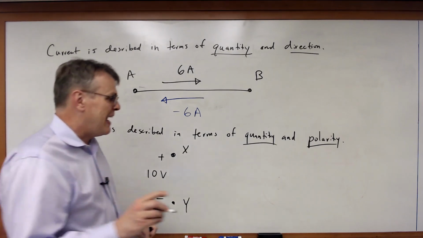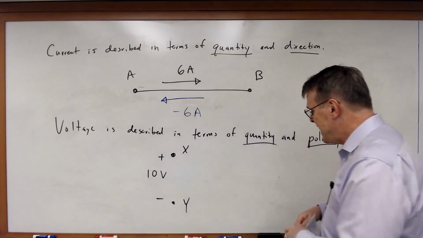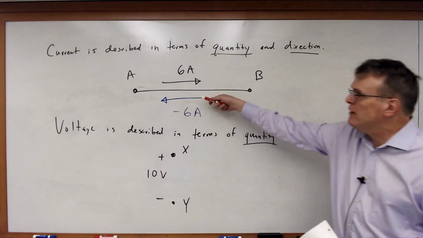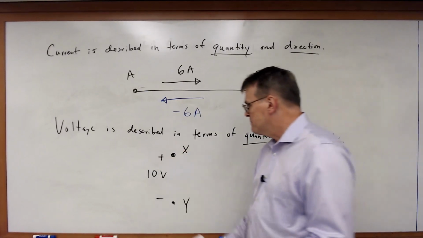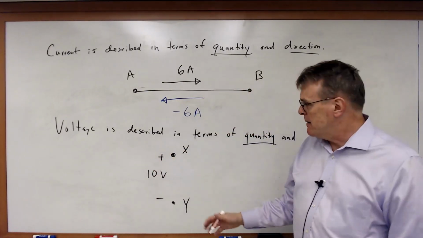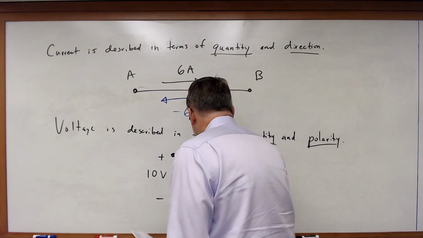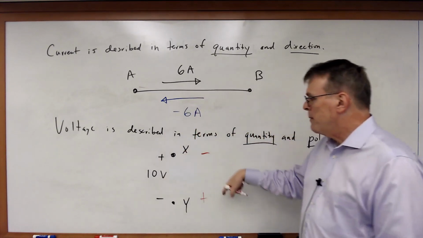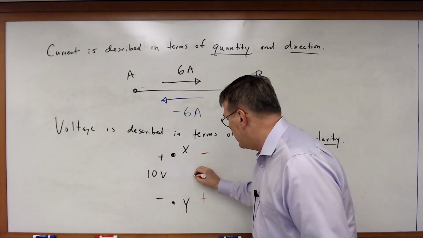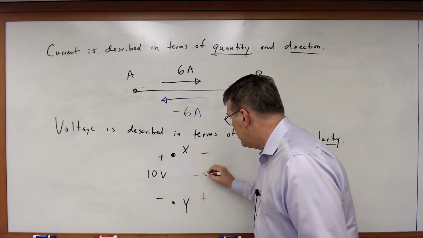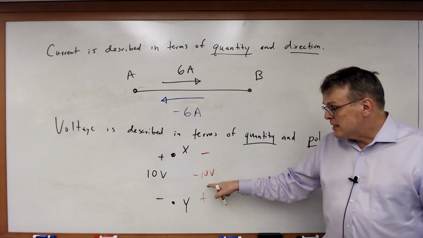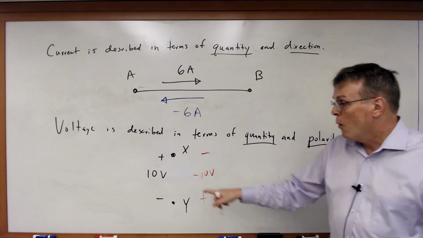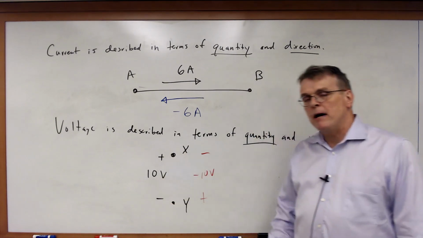Once again, however, we can use the same kind of mathematical flip that we did here with current. It is entirely equivalent for me to say, this is exactly like flipping the polarity and changing the sign and saying I've got minus 10 volts from Y to X, or 10 volts from X to Y, positive to negative.